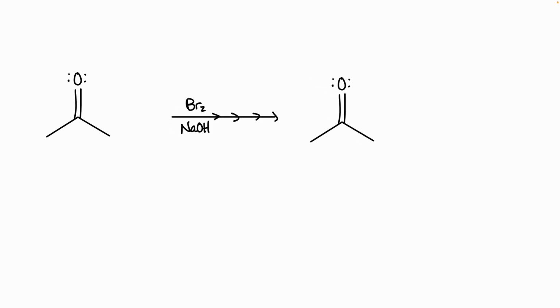Bear with me. We're going to make a slightly different example. We're going to do pentanone. I'm going to make a point here. We're going to replace every alpha hydrogen with a bromine.